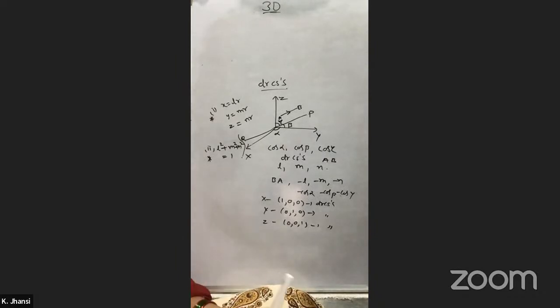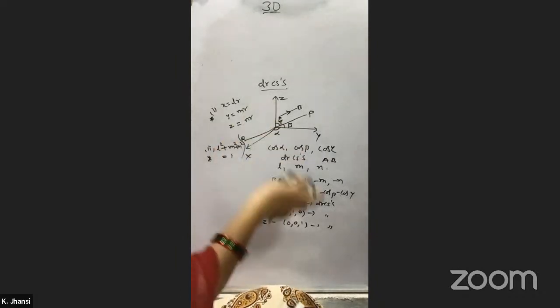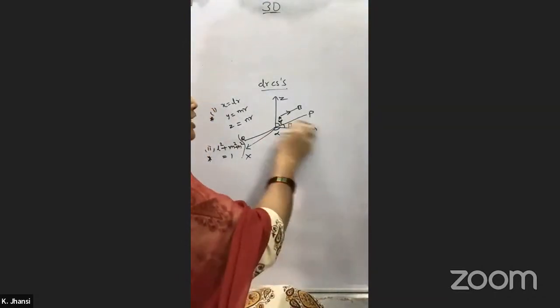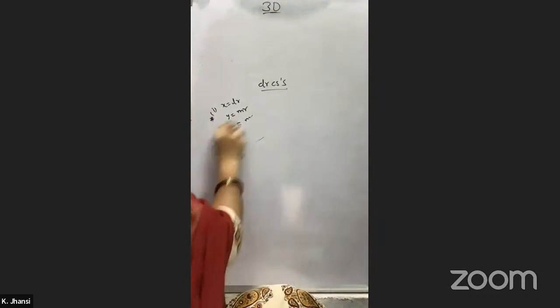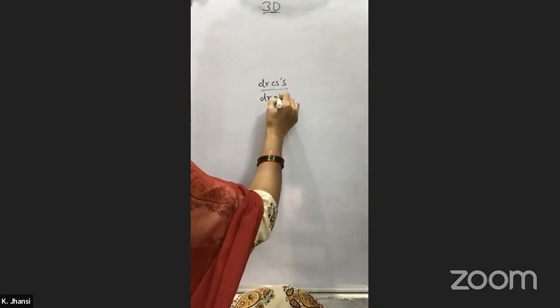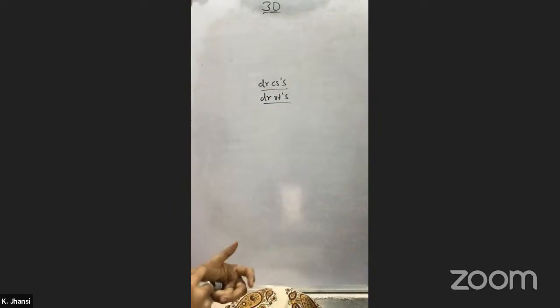Next we have the main important topic, that is direction ratios. Direction ratios and direction cosines are interrelated to each other. If you know the concept of direction cosines, then we can know the relation of direction ratios. Direction ratios and direction cosines are proportional to each other.